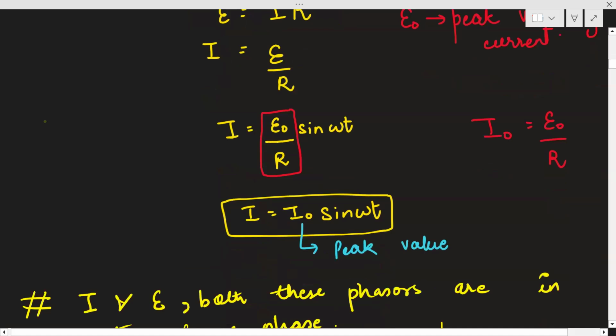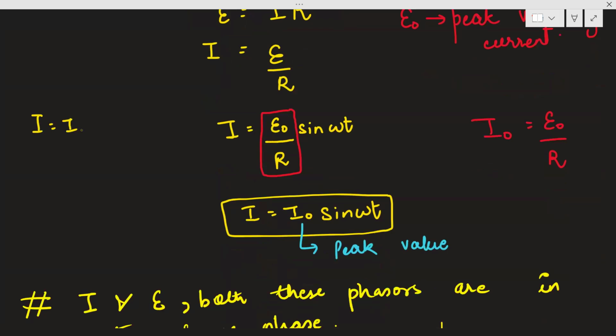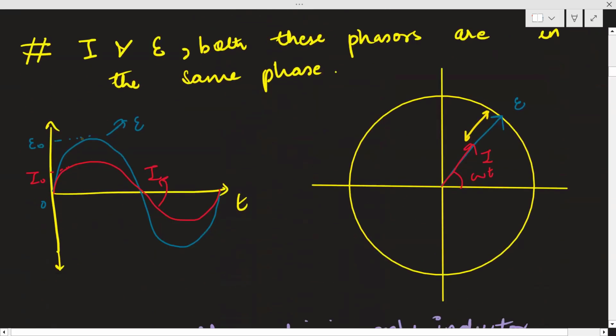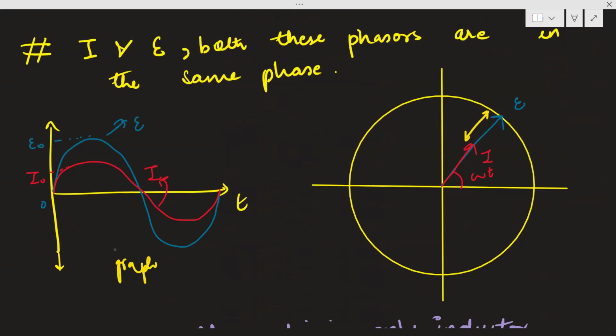So class, I am getting current as I naught sine omega t, and E is equal to E naught sine omega t. Both current and EMF are in the same phase. There is no phase angle between them. See, this is the graph part, how to represent it graphically.